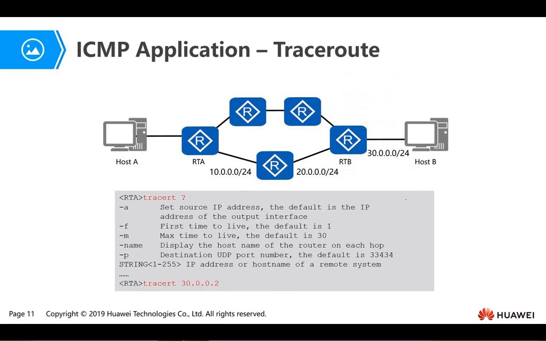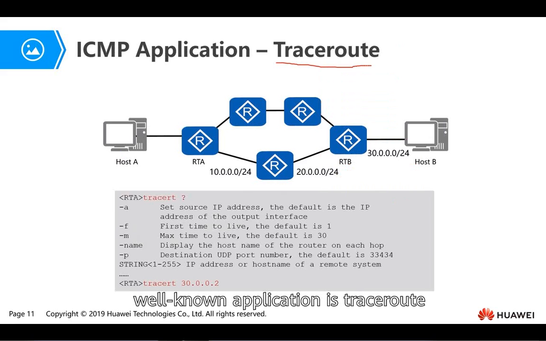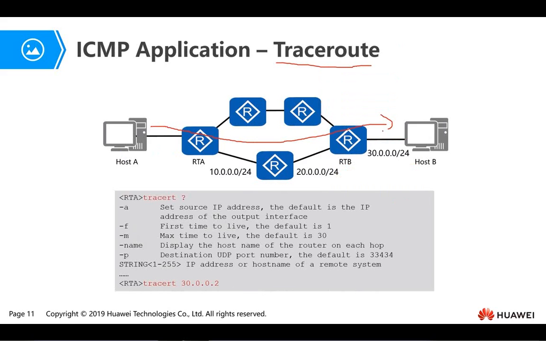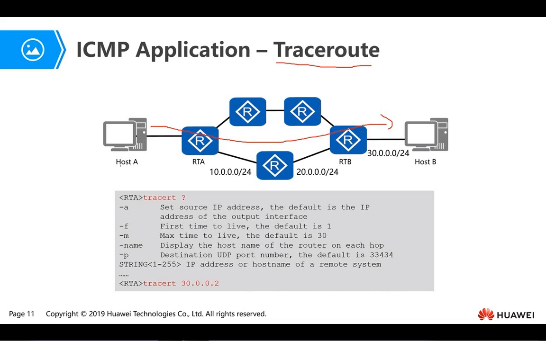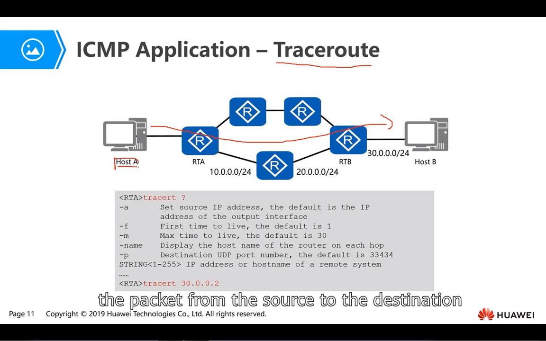And another well-known application is trace route. Trace route is used to check the path selected from the source to the destination. Maybe in the network there are many different routes. Then you can check which route is chosen by the packet from the source to the destination.